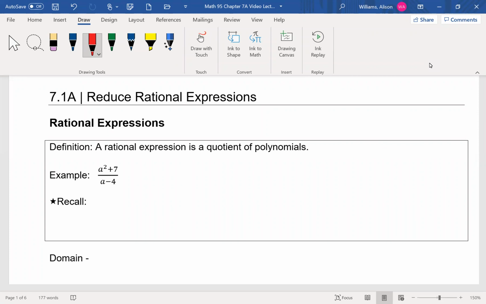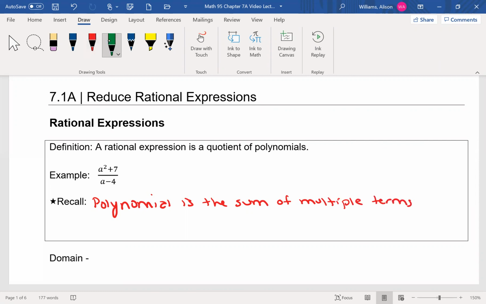And I just want to remind you of what a polynomial is. So, a polynomial is the sum of multiple terms. So poly means multiple, and terms, our book defines terms as being the product of numbers and variables.